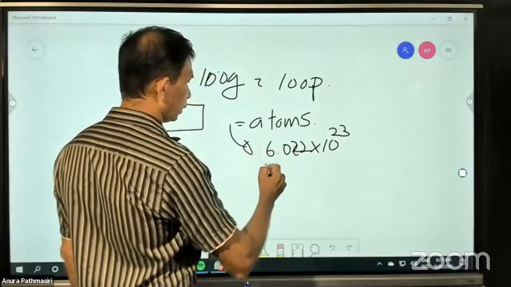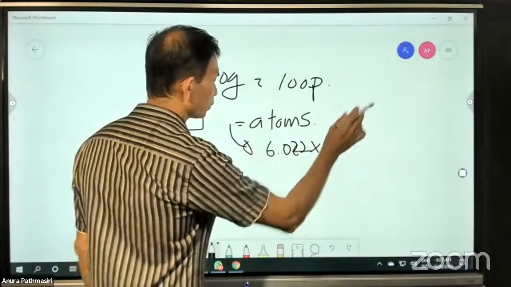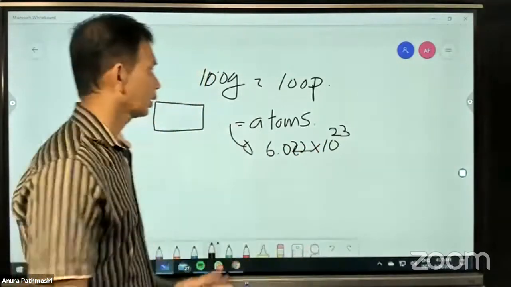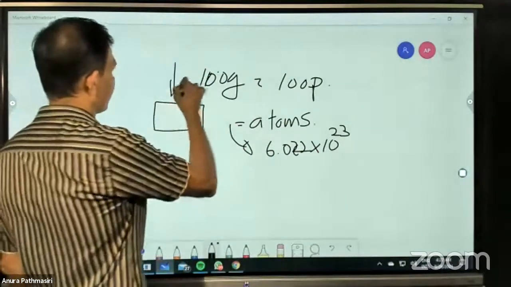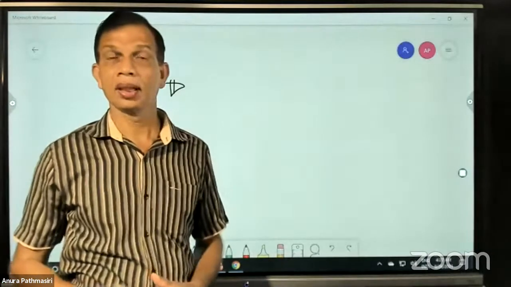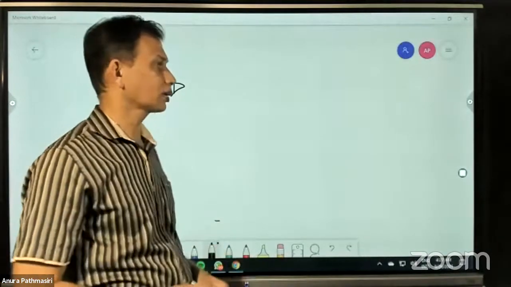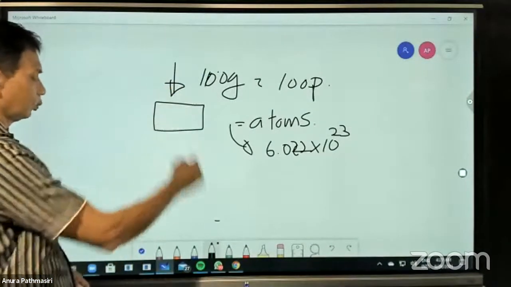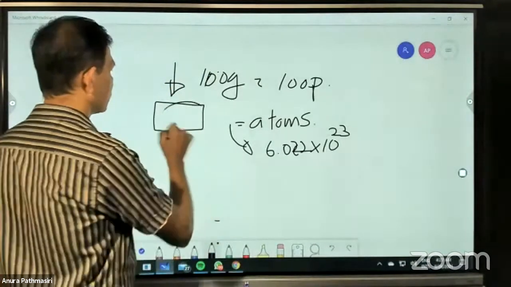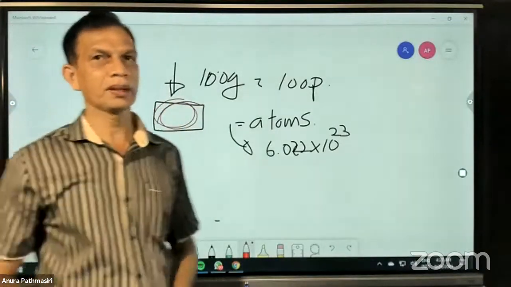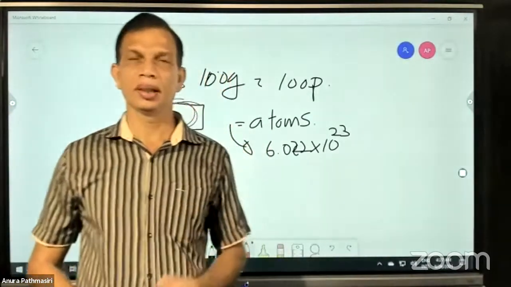There are 6.022 times 10 to the power 23 atoms if you consider a fixed amount of mass. And what is that fixed amount of mass? What is this fixed amount of mass? We're going to find it out.